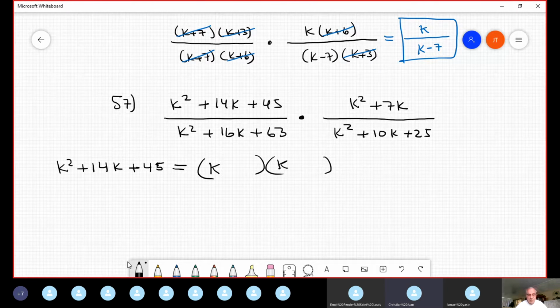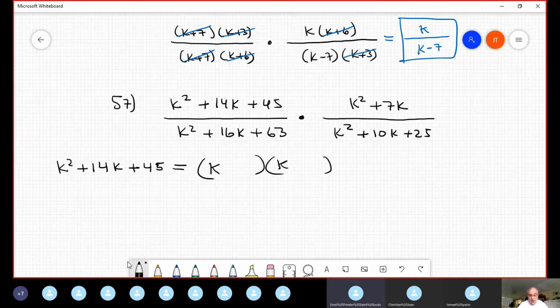Forget about the sign, the sign is not important in this moment. The important thing is to discover two numbers that multiply to give me 45, and when adding or subtracting, give me 14. And finally, you adjust the sign.